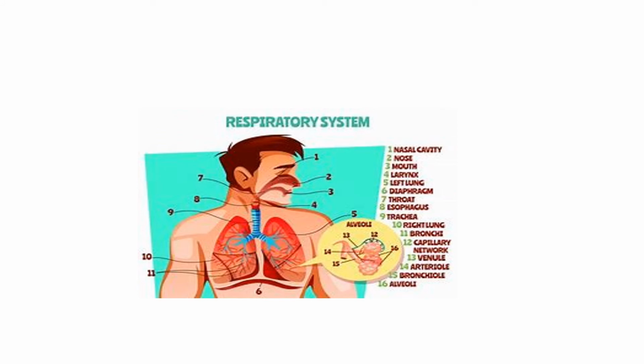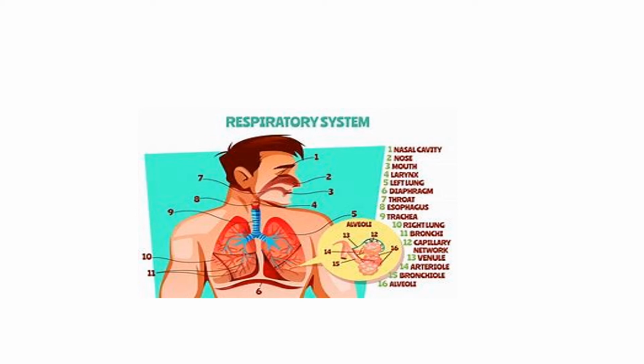Breathing is mechanical. The mechanism of breathing is handled by three muscles. These are the external and the internal intercostal muscles and also the diaphragm muscle. These three muscles continuously change the volume of the thorax. As the volume increases, air is drawn in. If it decreases, air is pushed out.